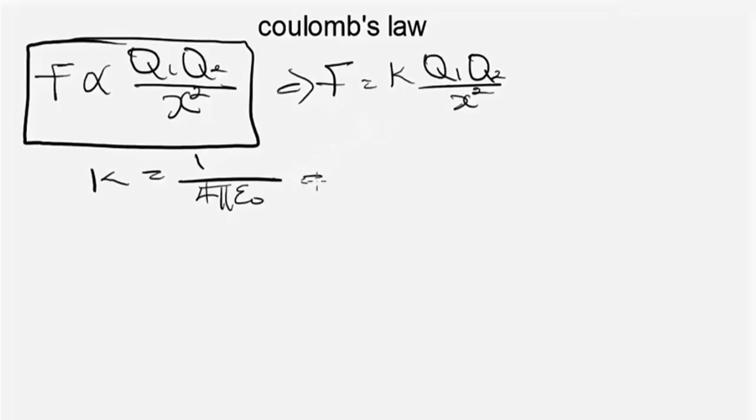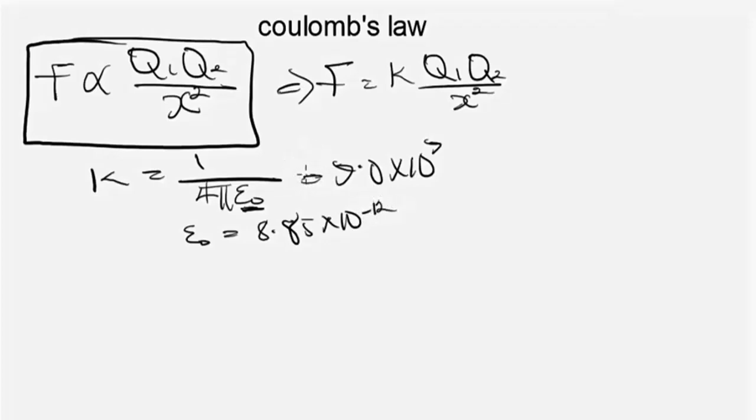And this constant has a value of 9.0 times 10 to the power of 9, whereas this epsilon naught has a value of 8.85 times 10 to the power of minus 12.